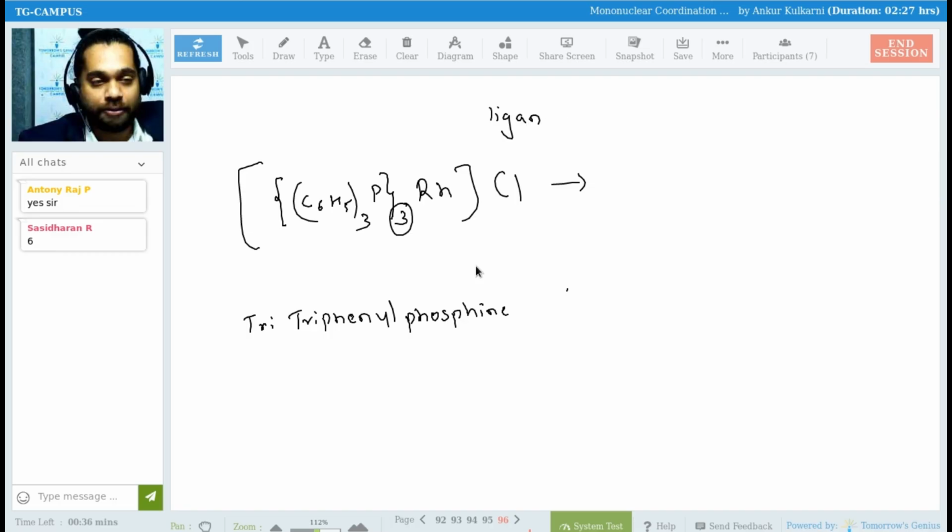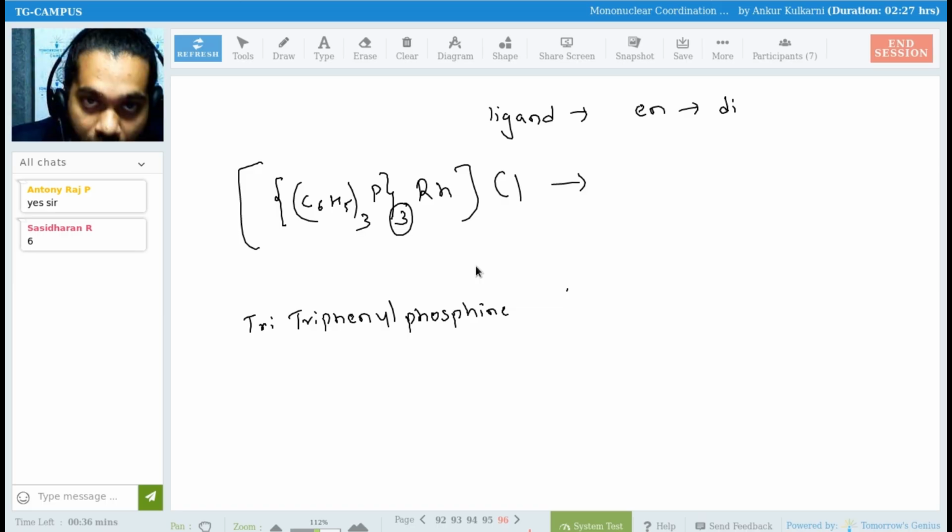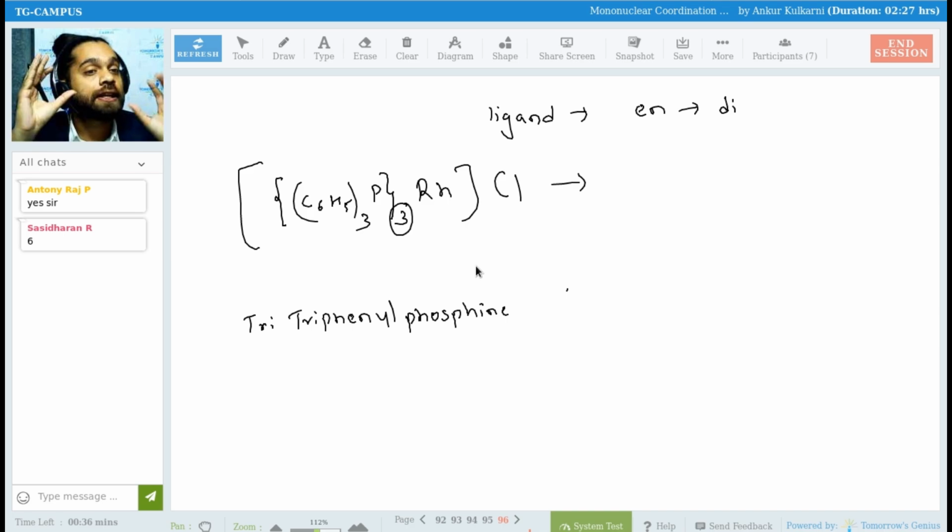contains a number, for example, tri, even in ethylene diamine there is the word di. That number, even if it is at the start, even if it is in between, doesn't matter. It is a number. So for that, we use the nomenclature tris.